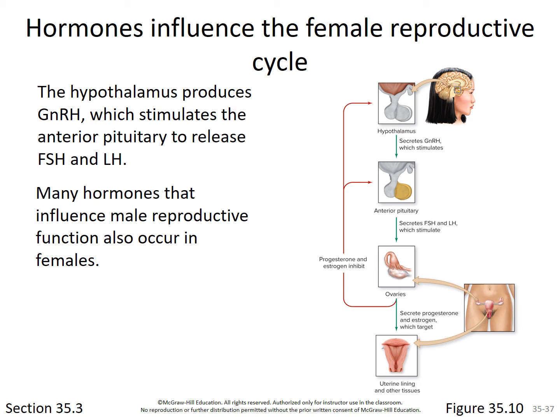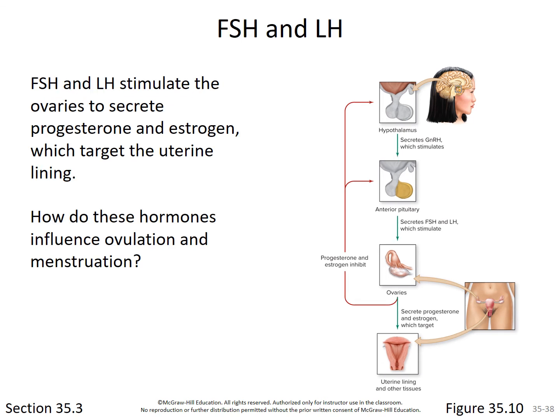And so the reason why you see the same hormones is because basically, as I said, a male is an altered female. So FSH and LH will stimulate the ovaries to secrete progesterone and estrogen, and these will target the uterine lining.